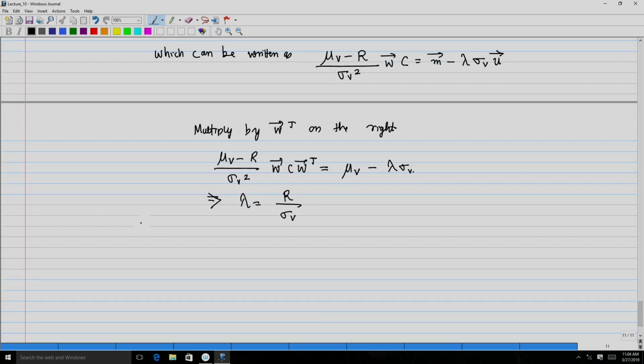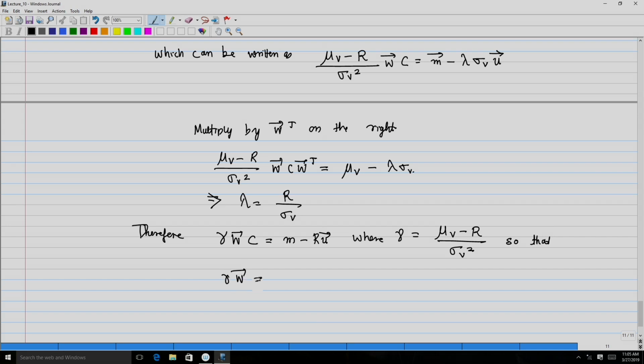So, from here we can conclude that gamma W C is equal to m minus r vector u, where gamma is going to be (mu v minus r) over sigma v square, so that gamma W is equal to (m minus r u) into C inverse.